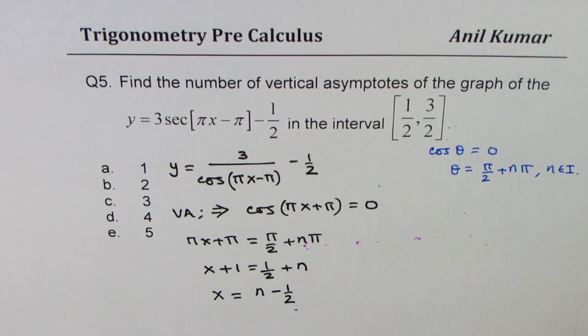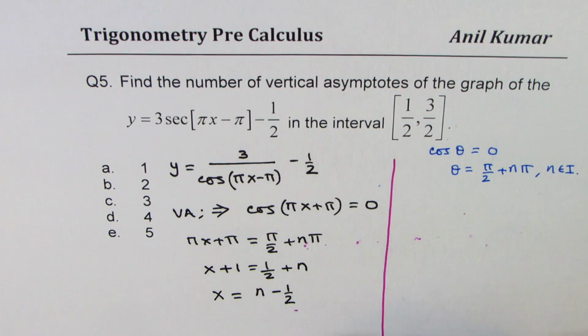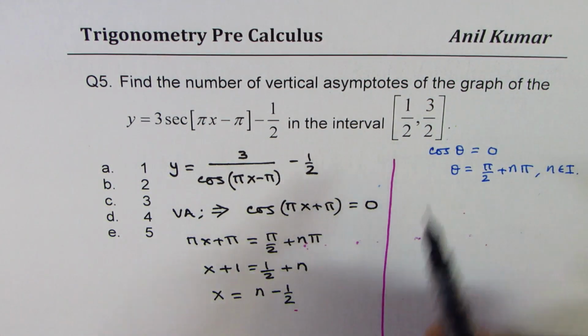So that is the value of x. Now the condition given to us is that this value of x should be in the interval half to 3 by 2, right? So let's apply this condition.